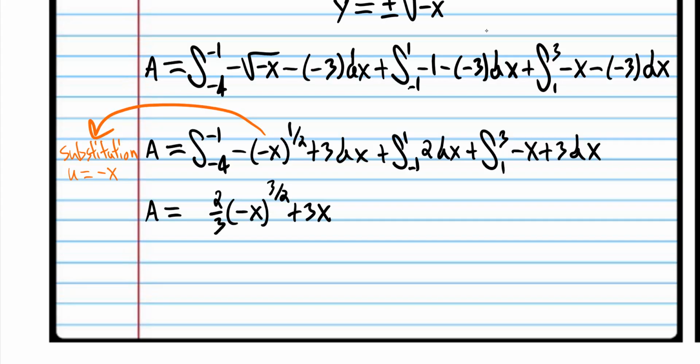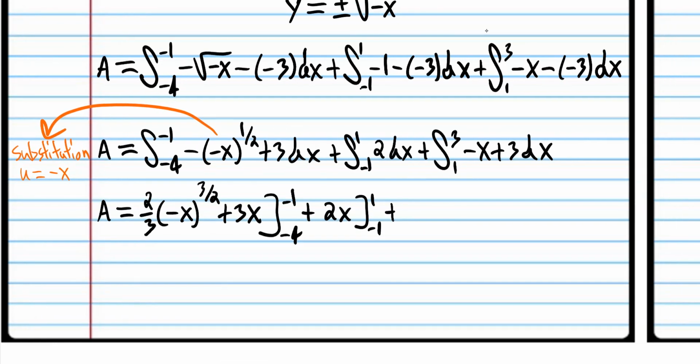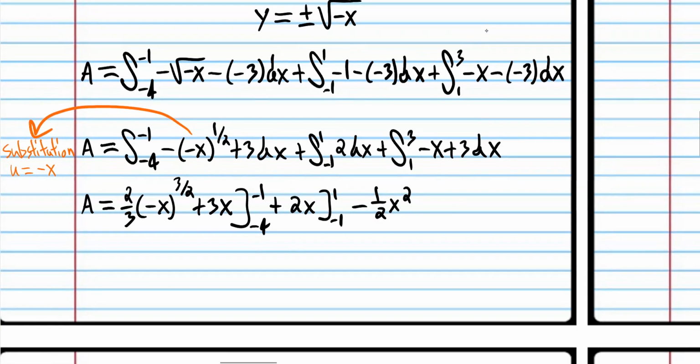And then we have to take the antiderivative of 3, which is 3x, negative 4 to negative 1. Okay, and the antiderivative of 2 is obviously just 2x. And the antiderivative of that is going to be 1/2 x squared.